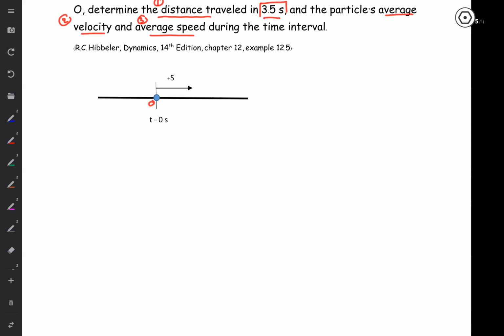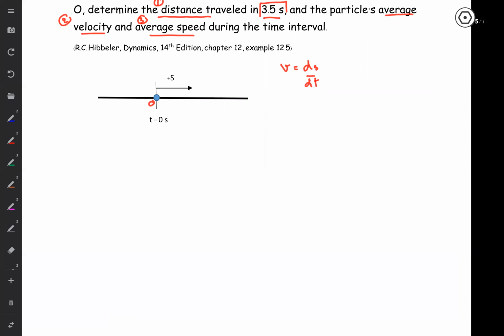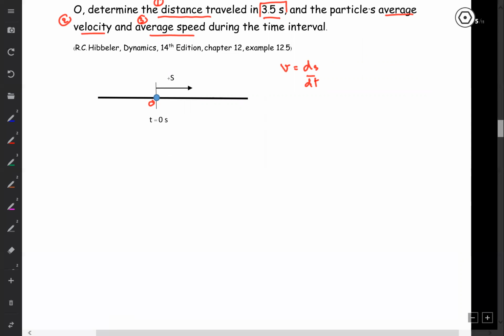We know that in the kinematics of the particle, the velocity is equal to ds by dt. So if we would like to find the displacement or distance, we have to integrate ds equal to integrate v dt.